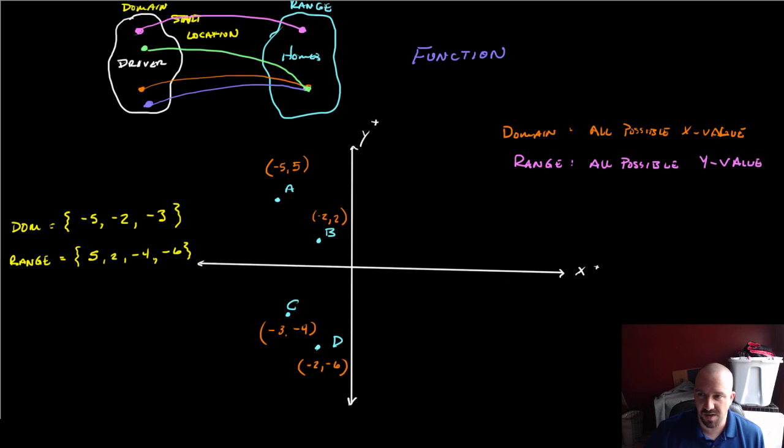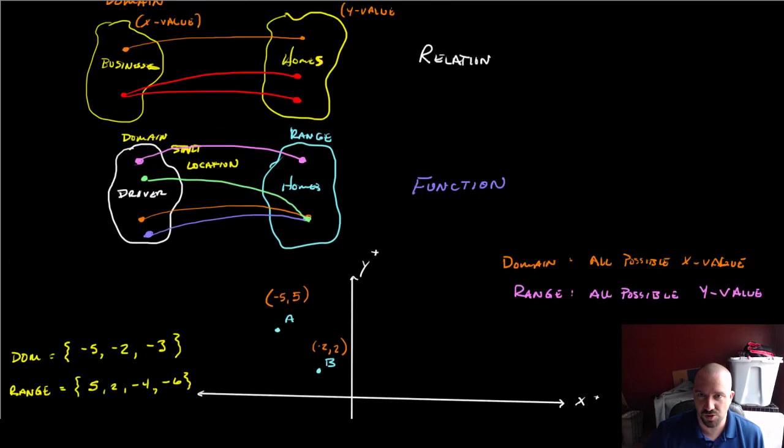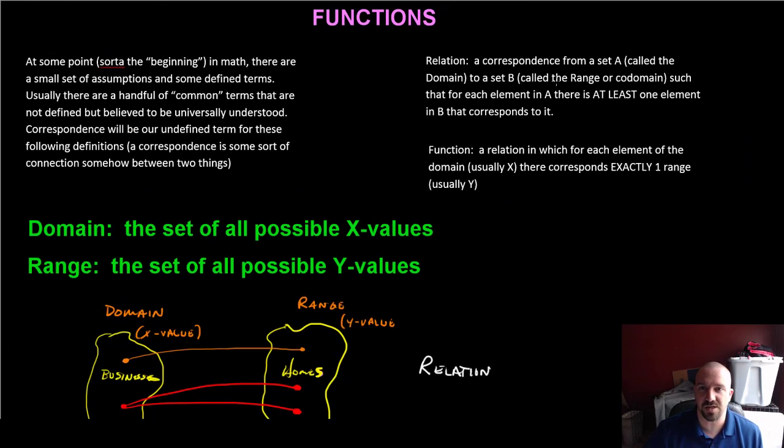The definition of a relation is a correspondence from a set A to a set B, such that each element of the domain corresponds to at least one element of the range. So each x has at least one y associated with it. A function says that each x has exactly one y associated with it.